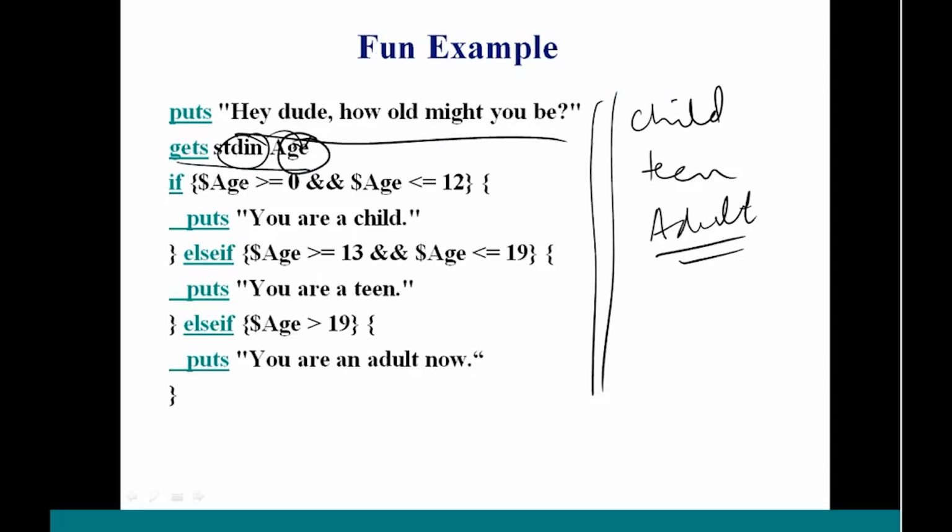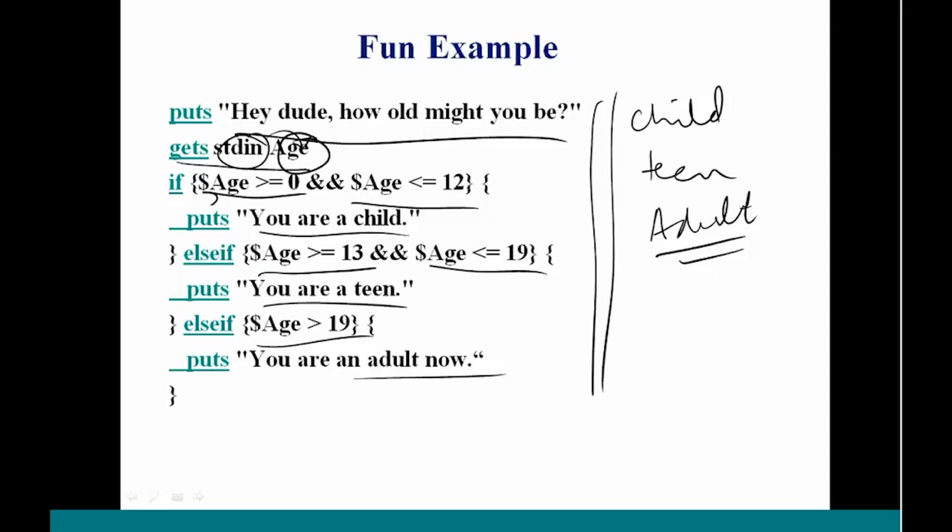Then it examines that variable. If age is greater than or equal to 0 and age is less than or equal to 12, it prints out you are a child. If age is greater than or equal to 13 and age less than 19, it prints out you are a teen. And finally, if age is greater than 19, it says you are an adult.